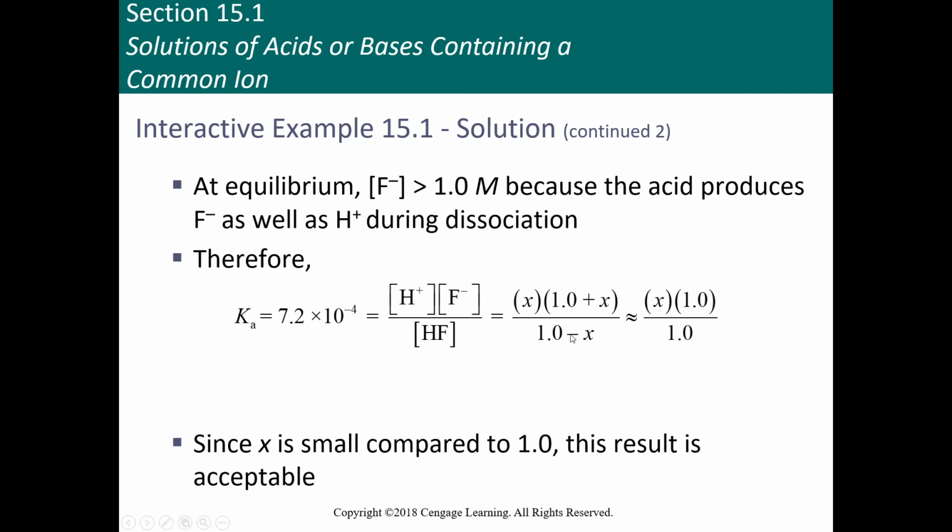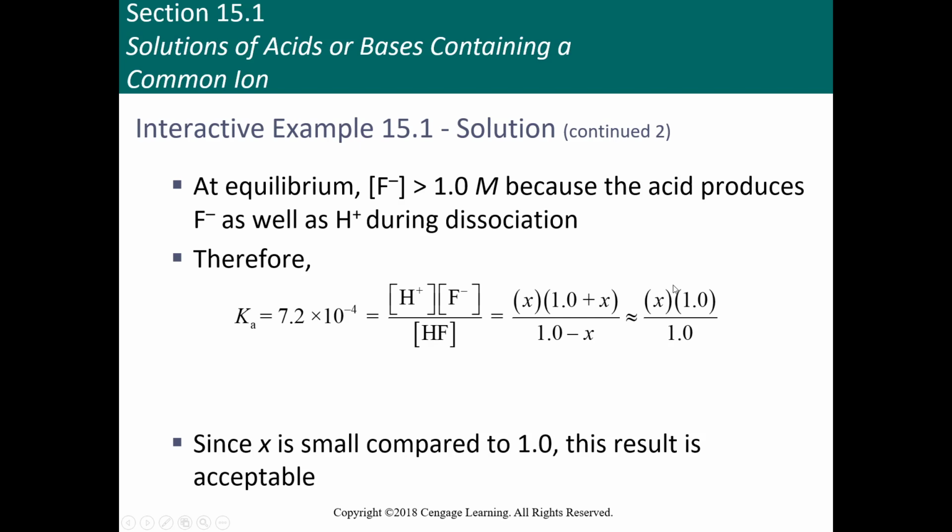Now, you will notice again, we have looked and seen that, well, this Ka is fairly small, isn't it? And so that X value right here, that's probably pretty small. That means 1 minus that value is going to round just back up to 1, isn't it? 1 plus that value is probably going to round right back up to 1, isn't it? And so we can ignore those plus X here and the minus X here, and just go ahead and solve the problem like so.